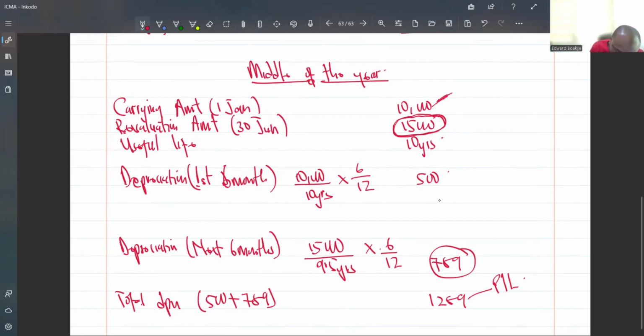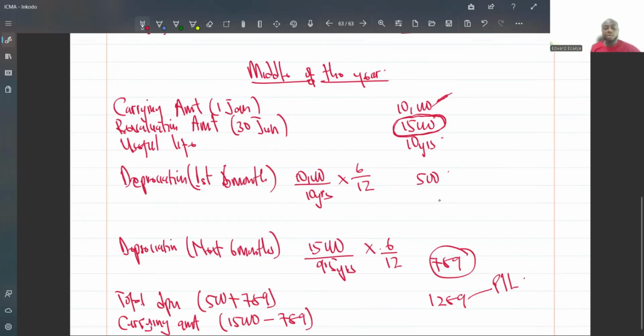So our carrying amount will be equal to the 15,000 minus 789.